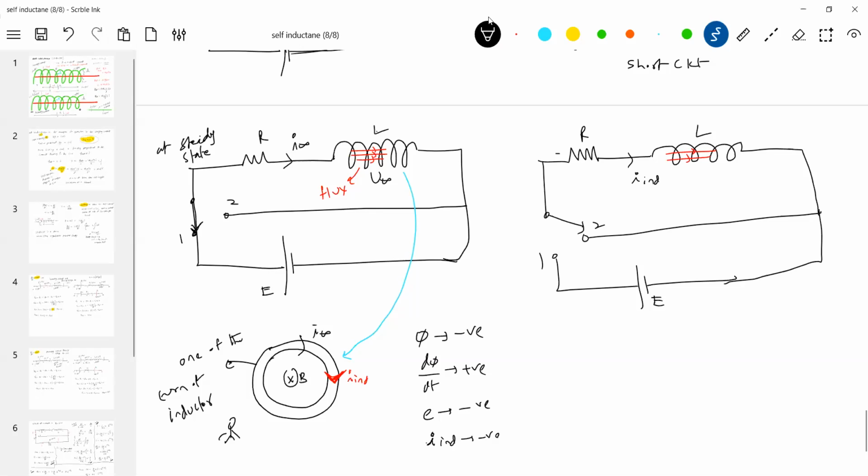That induced current I'll call I induced or I decay, because the current is decreasing. So how to predict the direction of current across the decay circuit? At t equal to infinity, the direction in which the current was flowing, in the same direction the induced current will flow. So this is called a decay circuit.